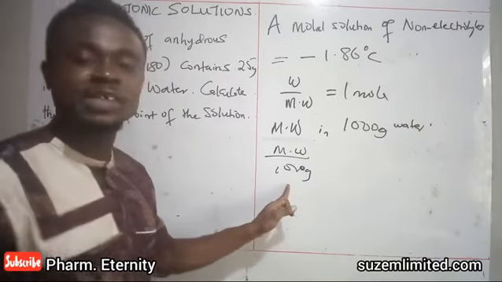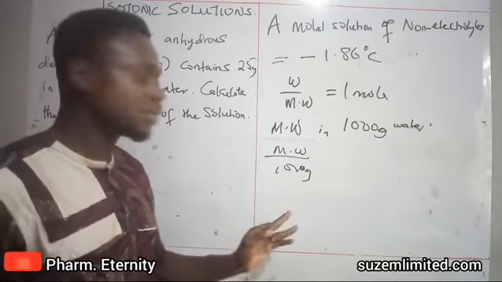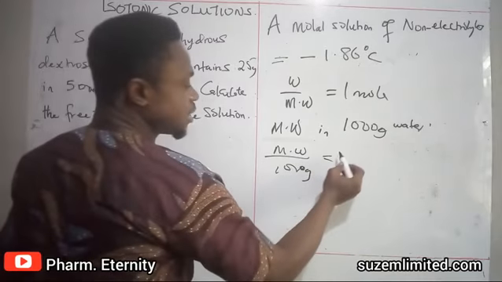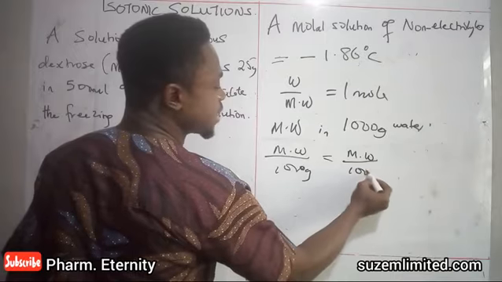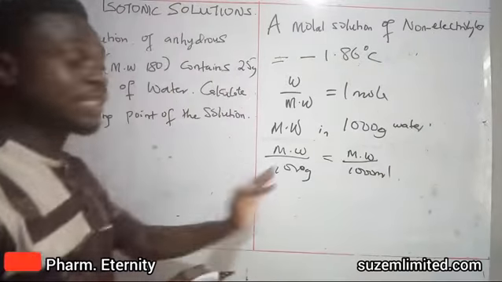Using the specific gravity of water, which is 1, this can be expressed as the molecular weight over 1,000 ml.